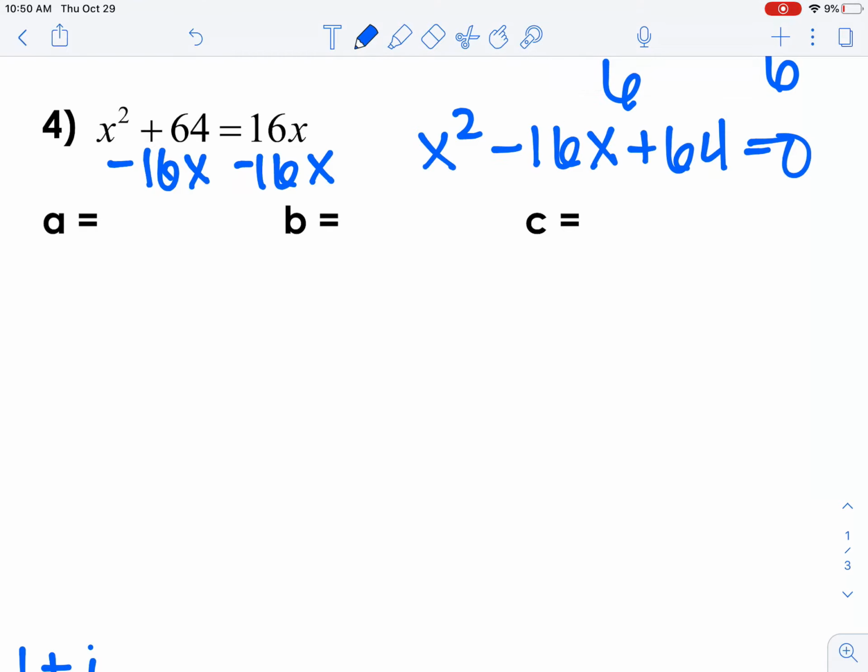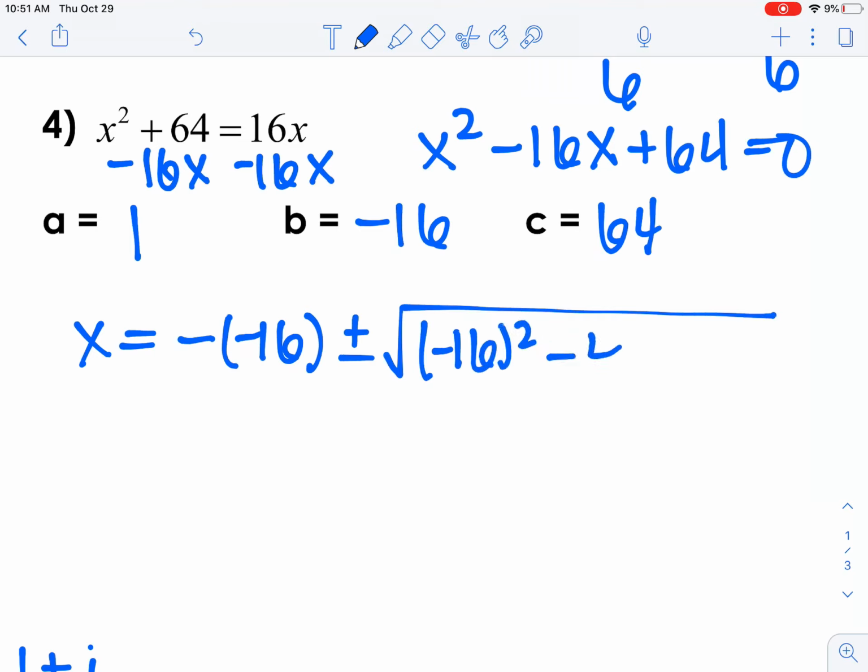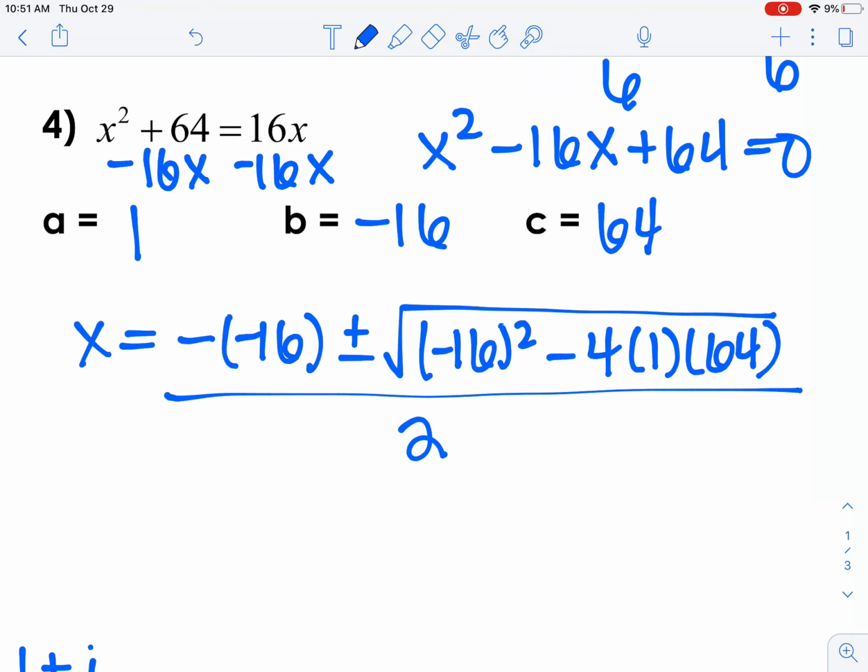Okay, A here is 1, B is negative 16, C is 64. So in this case, x equals negative negative 16 plus or minus the square root of negative 16 squared minus 4ac all over 2a.